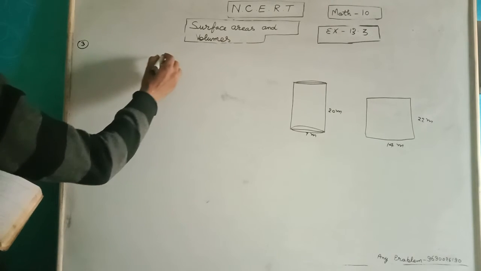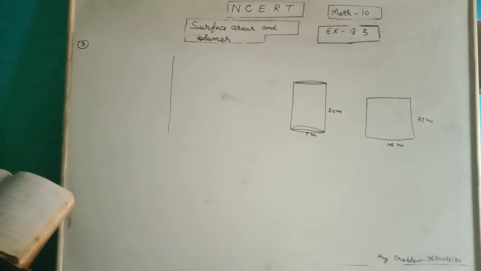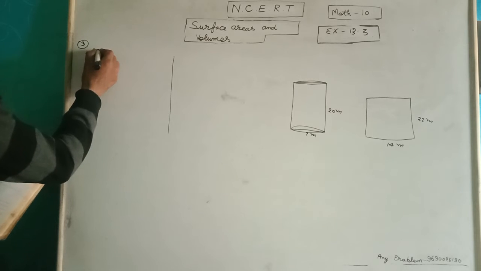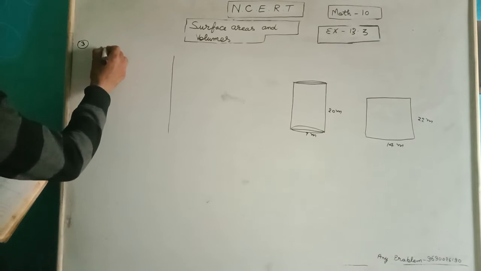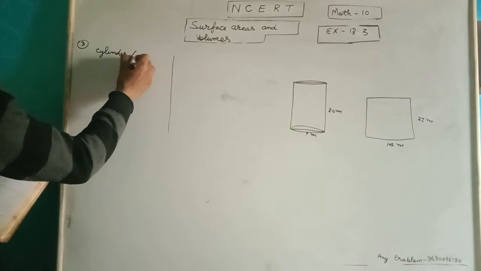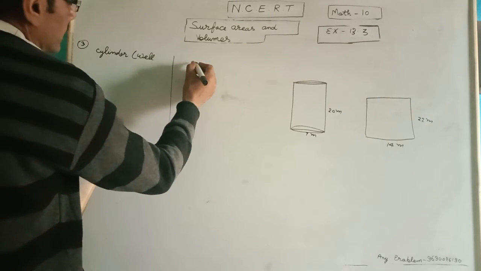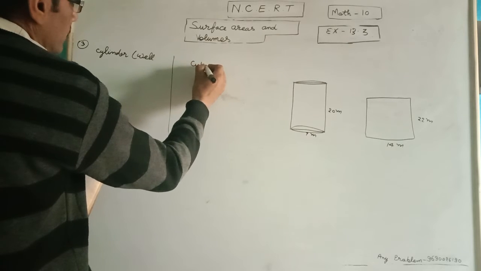At first, find the volume of earth that was dug out. Cylindrical well and cuboid.